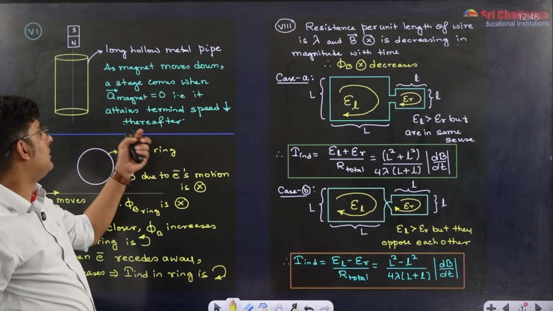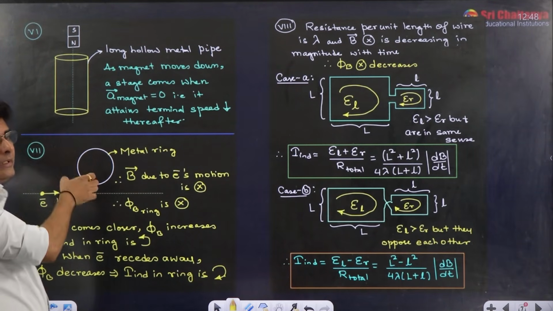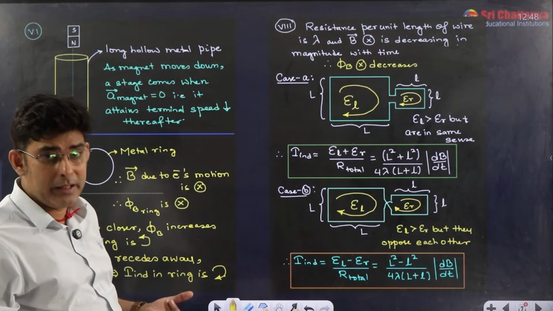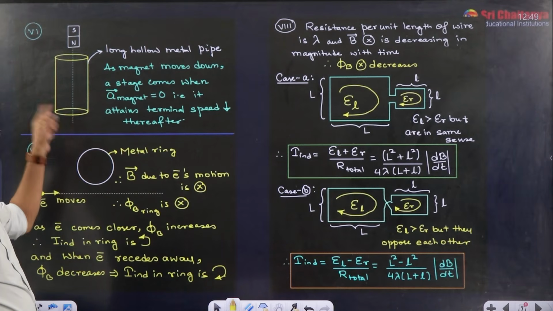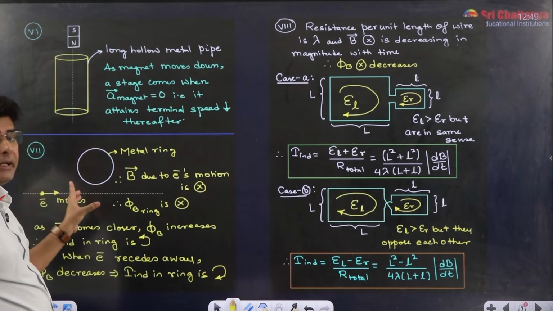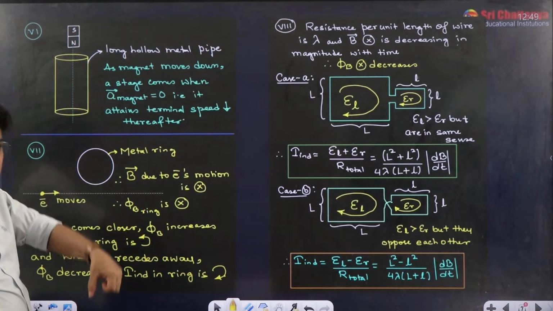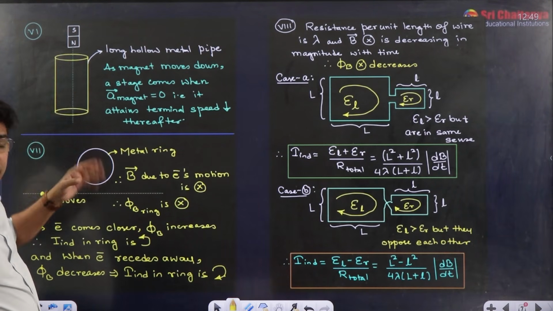When acceleration becomes 0, it will attain a terminal speed, and it will move with a constant speed thereafter. We saw in the previous case that for a single ring, acceleration will become less than g. But if it is a system of infinite rings placed vertically, the rings which are still to cross will push it up, and the rings which it has already crossed will pull it up.